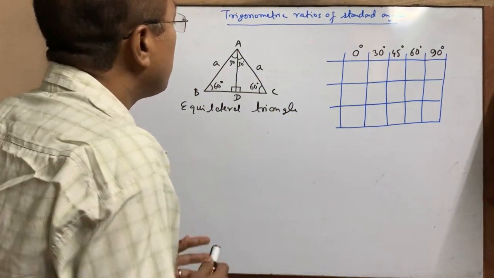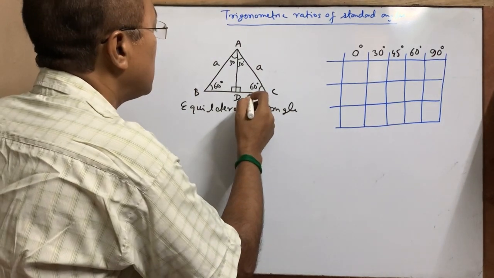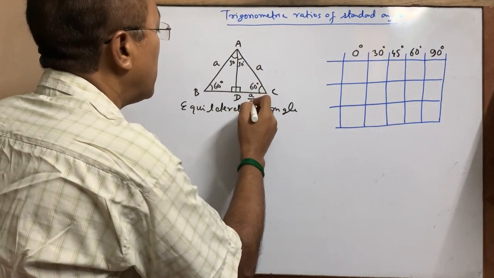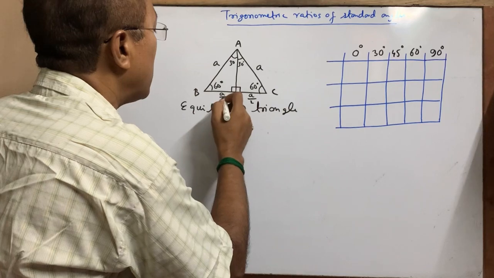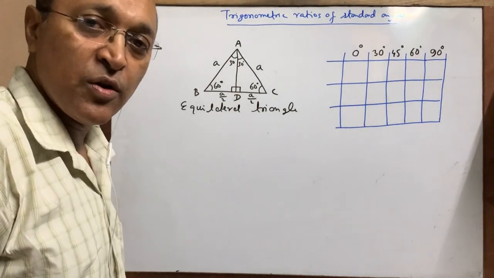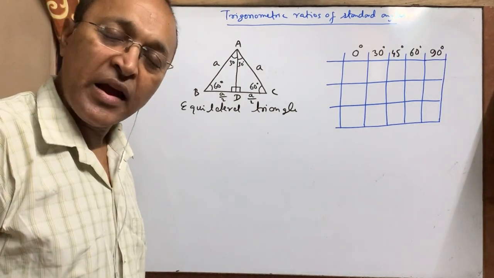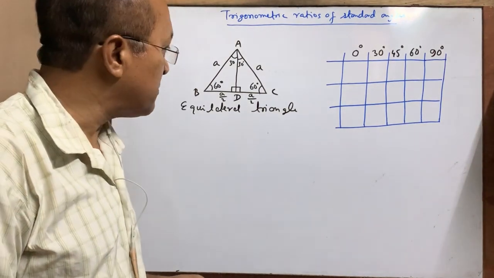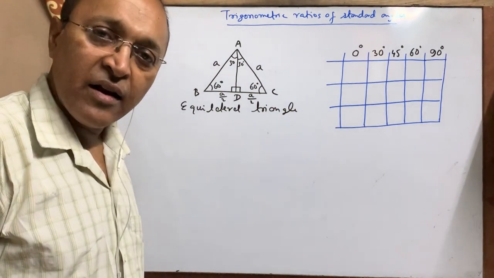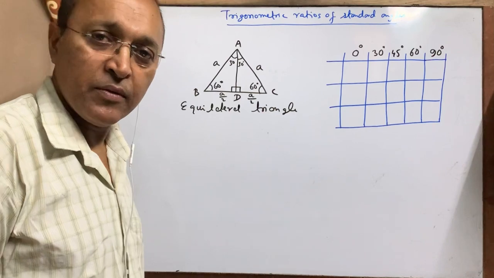AC here is the hypotenuse and CD means half the base, a by 2, isn't it? So using the Pythagoras theorem, we can find the value of AD, because ADC being a right angle triangle, the Pythagoras theorem can be applicable, right?